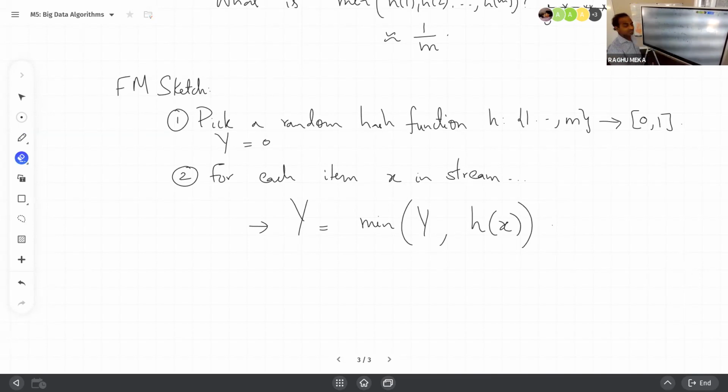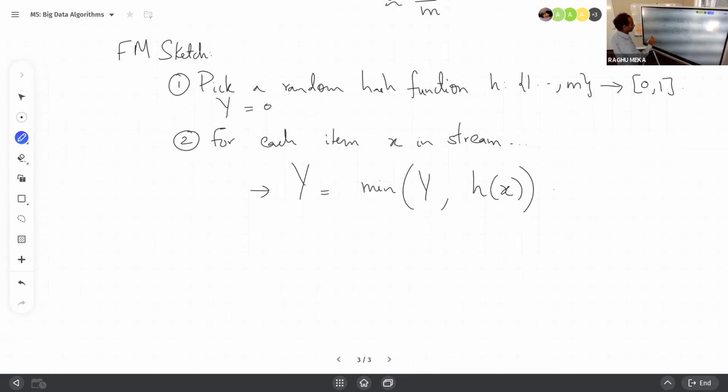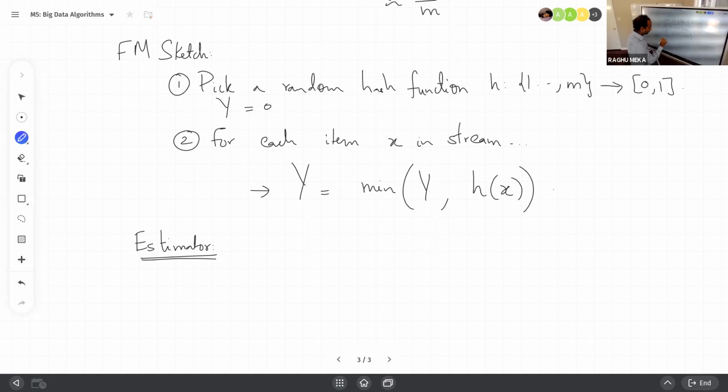So that's how you process the stream, and so the estimator we'll get to in a little bit is going to be basically 1 over y.